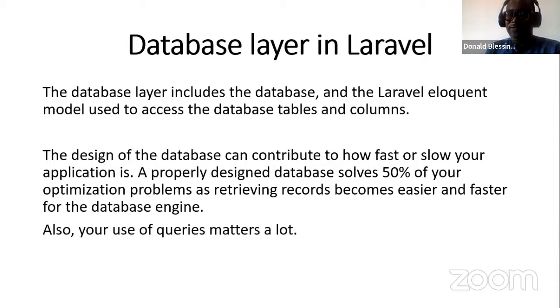Also, how you use your queries matters a lot. We have seen cases where people multiply queries to retrieve records that you can get with one query, thereby causing the backend or the database layer to be slow.